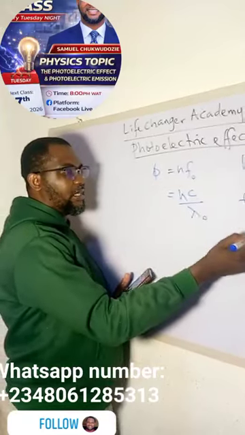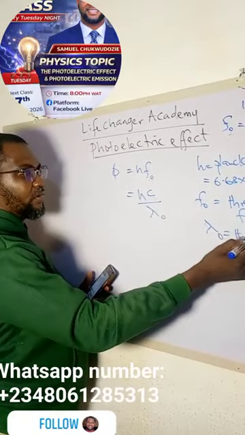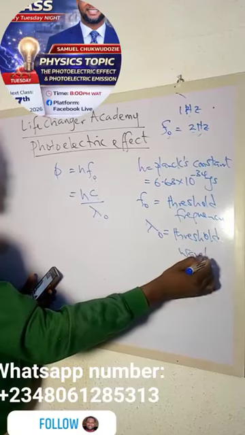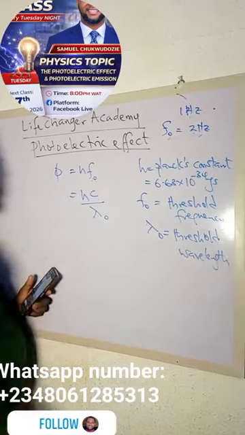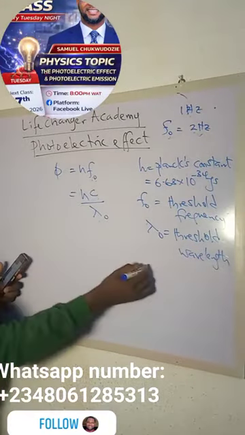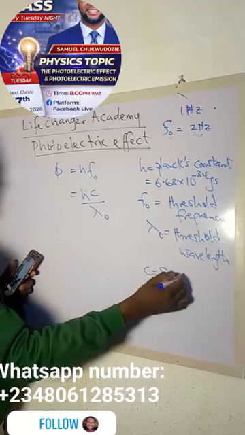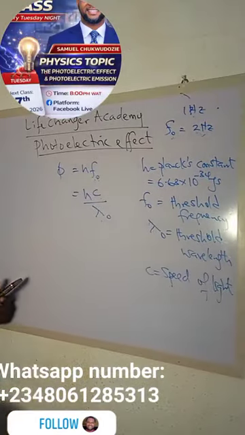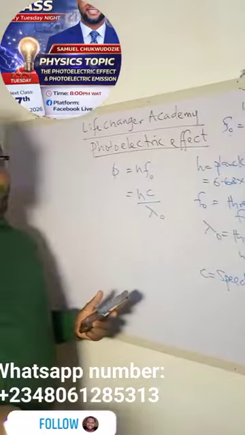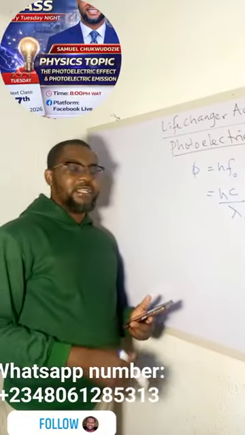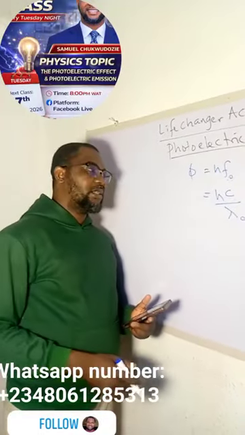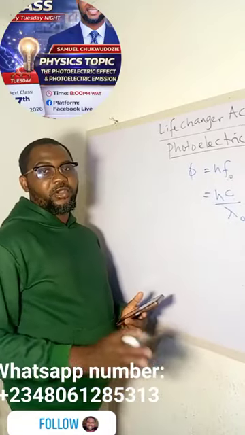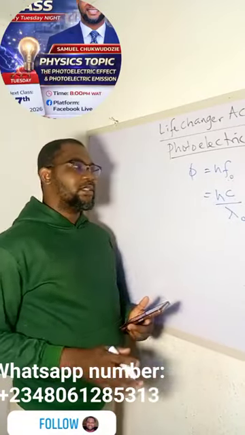So this lambda naught here, I'm going to call the threshold wavelength. Then c, of course, is the speed of light. Either you say speed of light or speed of electromagnetic waves. Okay, so this formula is very, very important. Of course, we are going to be seeing questions relating to this.